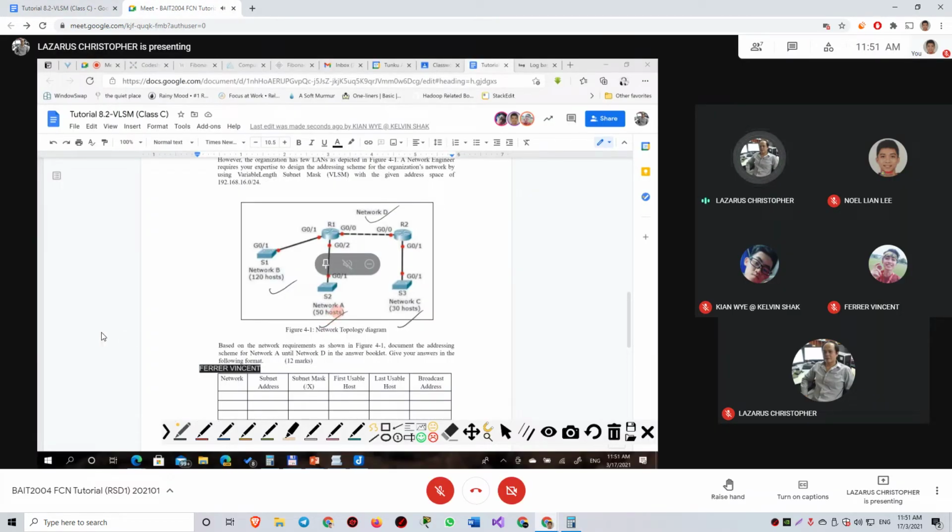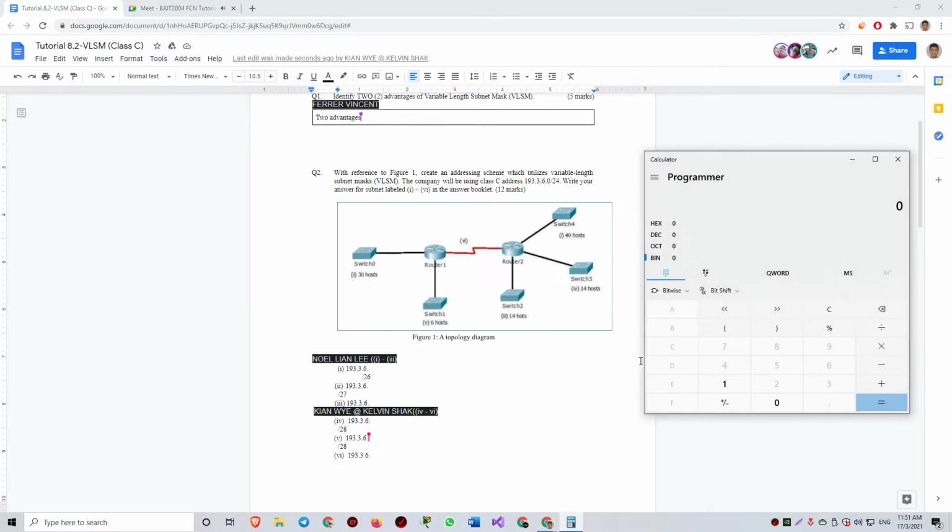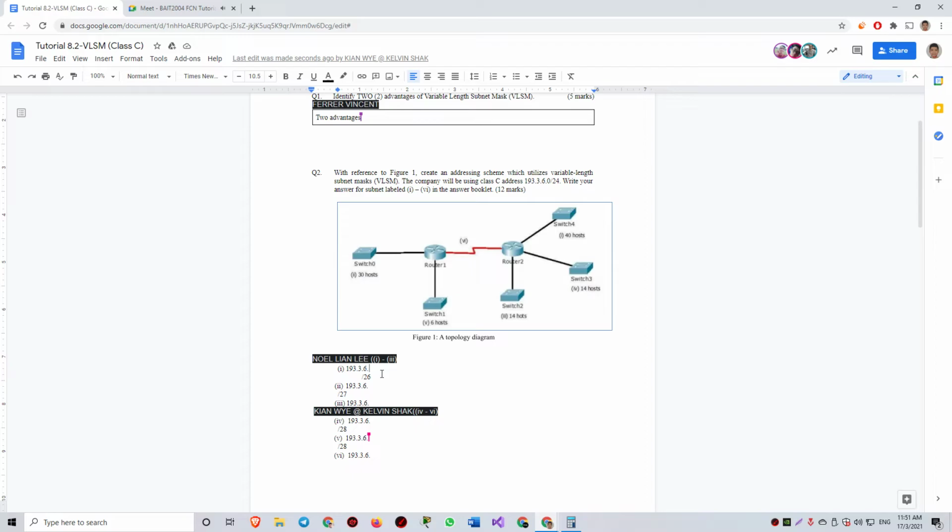Take the second subnet for 50, then take the next subnet for 30. And the wide area network here, network D, is 2 hosts requirement. You try it first, and then we'll discuss.